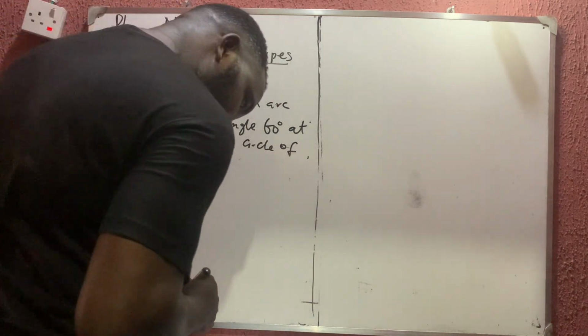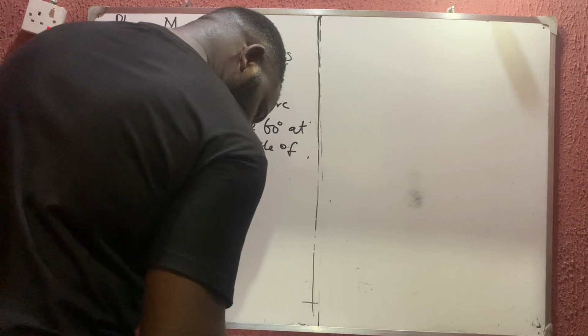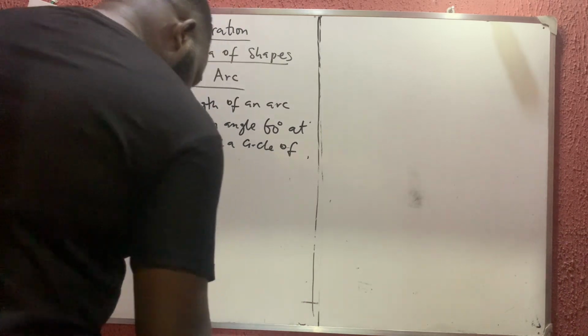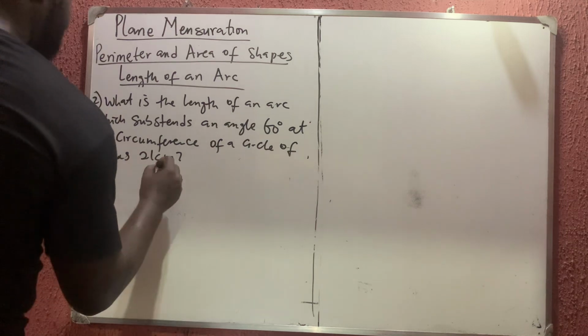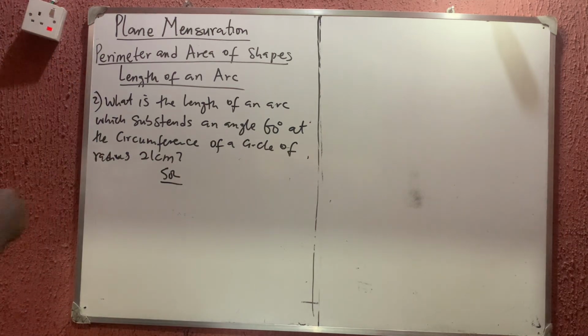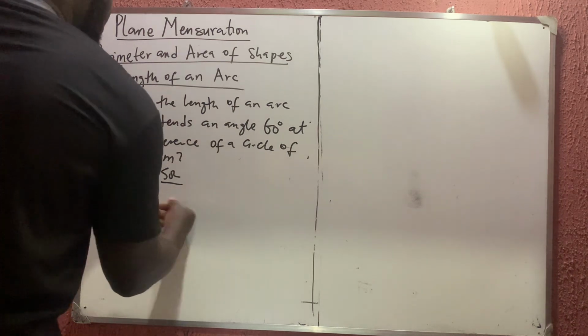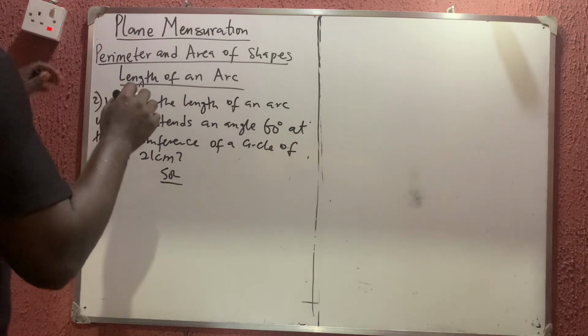Solution. Now they say, what is the length of an arc which subtends an angle of 60 degrees at the circumference? So we don't use the one at the circumference. The one we use is the one at the center.